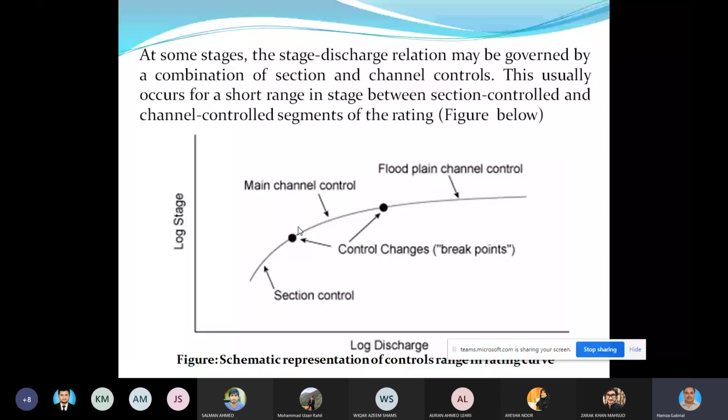The breakpoints indicate the control changes, when the section control is taken over by the main channel control, and then with a further rise in stage, the control is given to the floodplain channel control. So these are the three types of controls, which can be natural or artificial, and which change in a very short range of stage values.